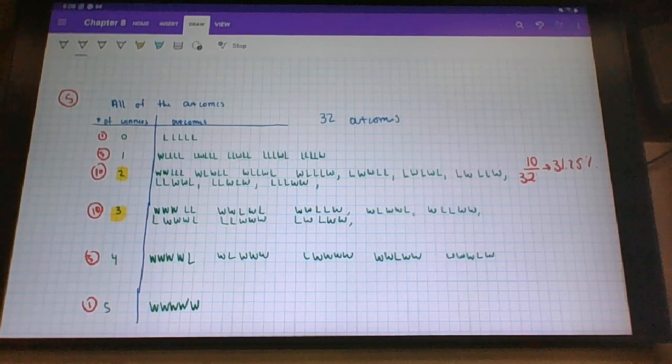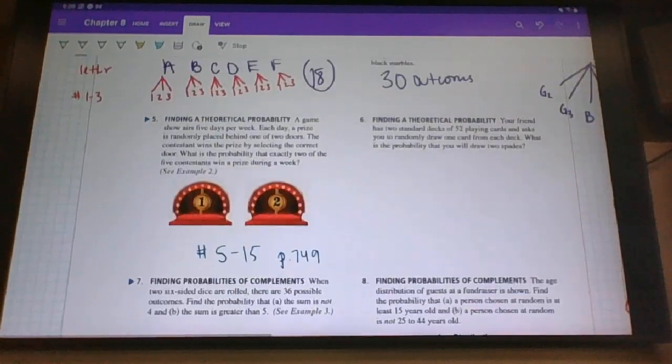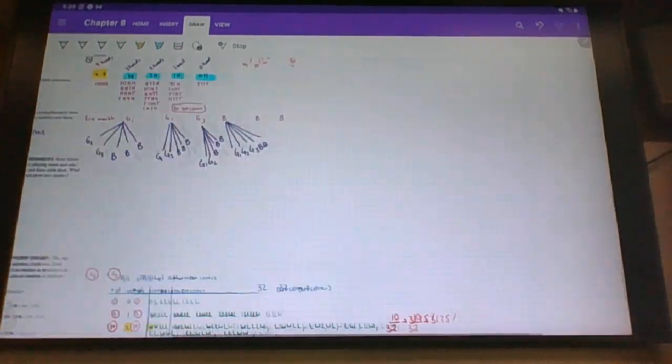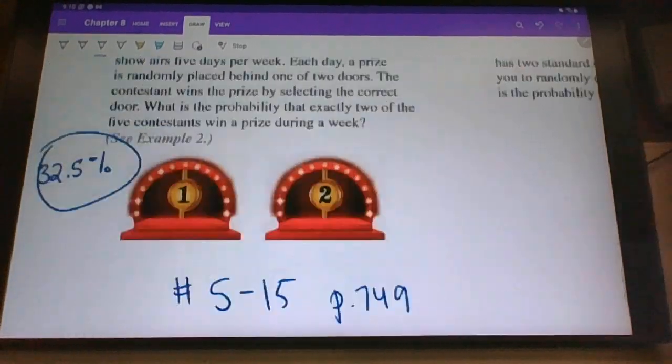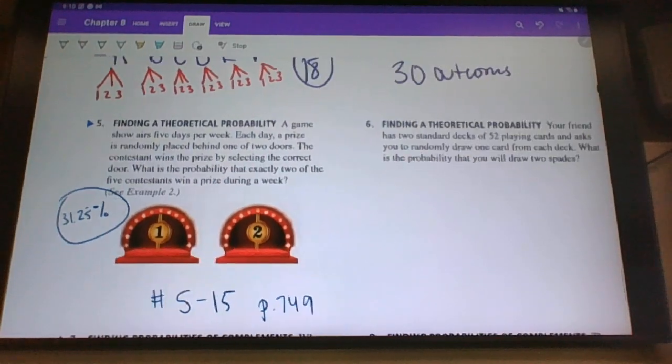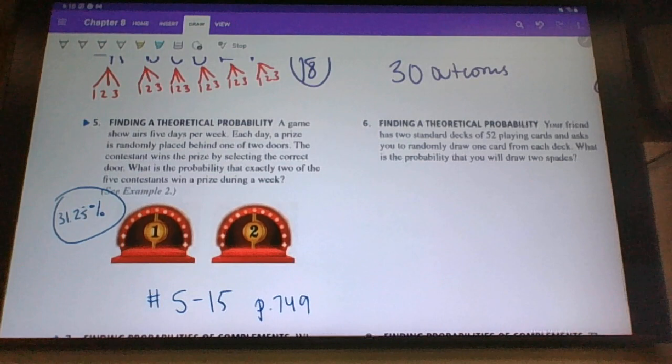Okay, I'll give it to you. Alright, 3 groups got extra credit. Thank you for your effort on that long problem. 31.25 is the actual answer. And then go ahead and try number 6.